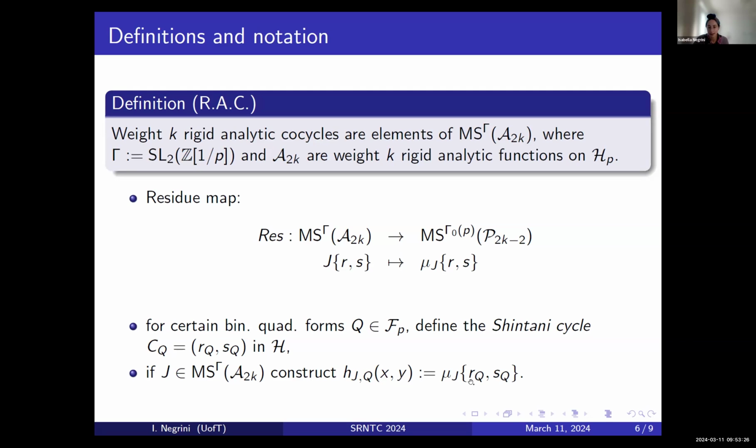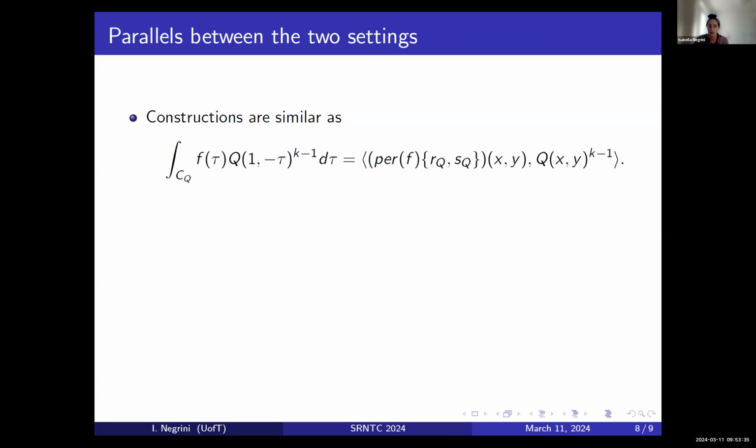And then you plug in the same pair, which are the endpoints of the Shintani cycle CQ attached to the binary quadratic form Q. Okay, so in our case, we would have the residue of J and then the same pair, and then we get a polynomial.